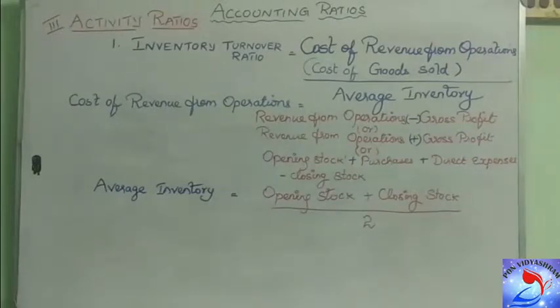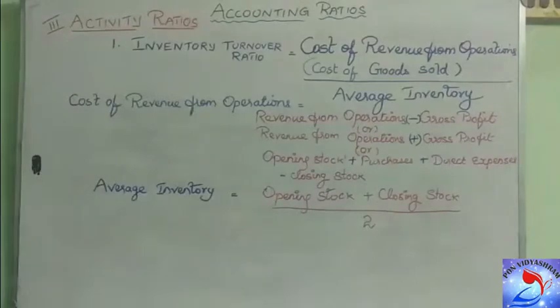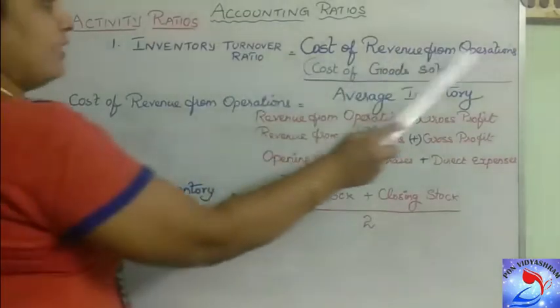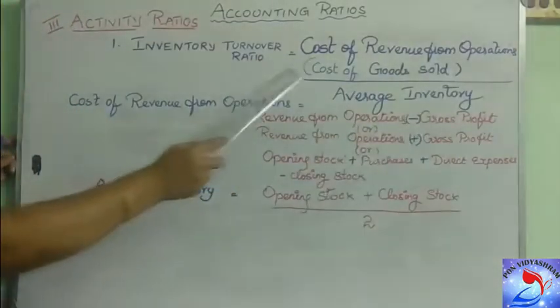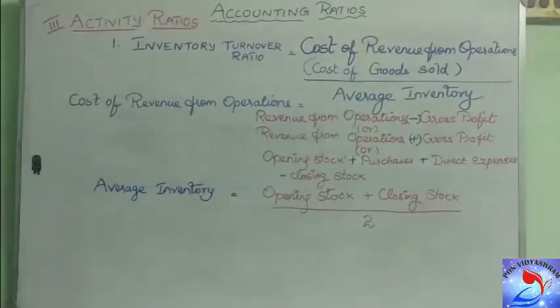It measures the efficiency of inventory management, checking whether the stock has been used effectively. It is calculated by cost of revenue from operation, that is cost of goods sold, divided by average inventory.